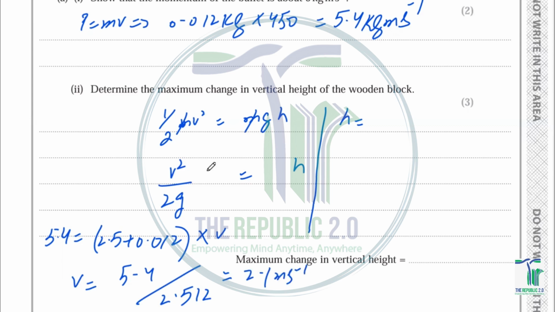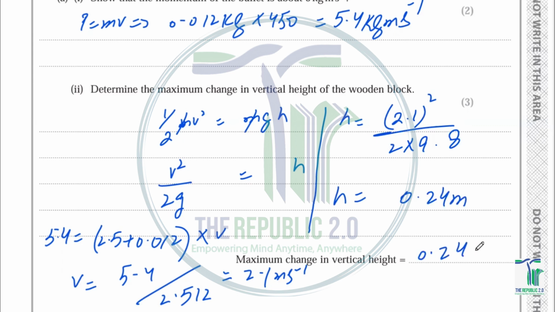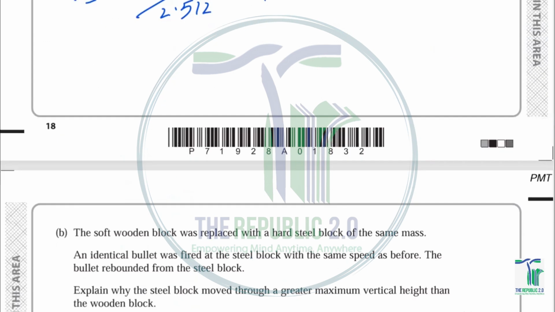That was the velocity gained by the block. Plugging that in, I would have 2.1 squared divided by 2 times 9.8. When you solve it, you should have the final height as something like 0.24 meters. So that is the maximum change in the height of the wooden block.